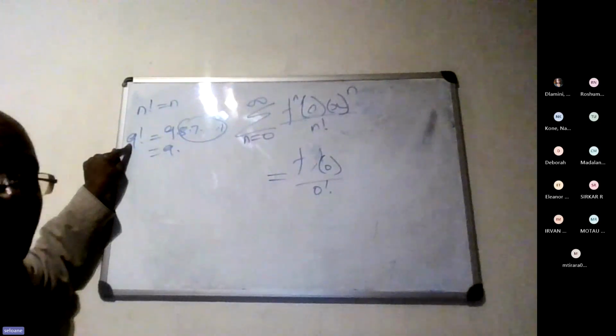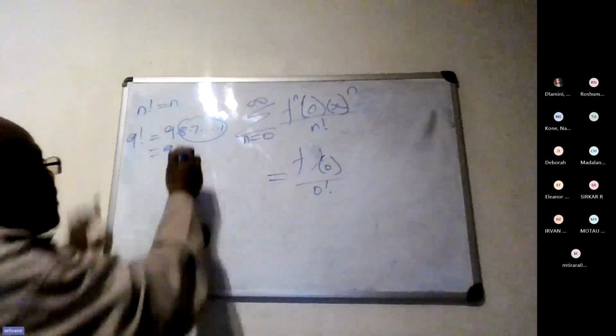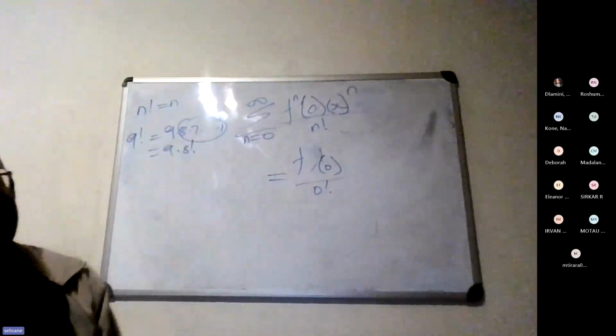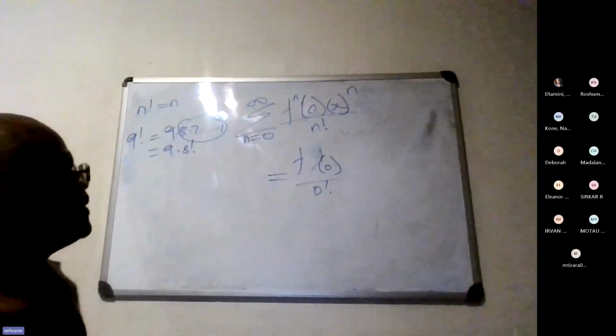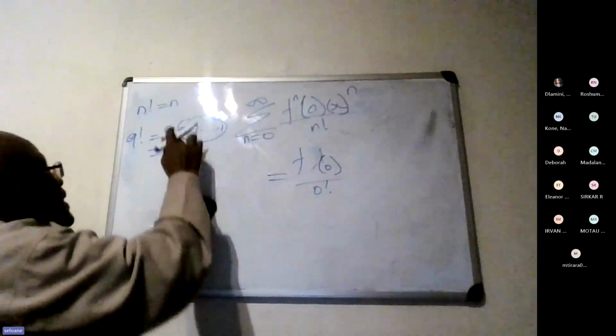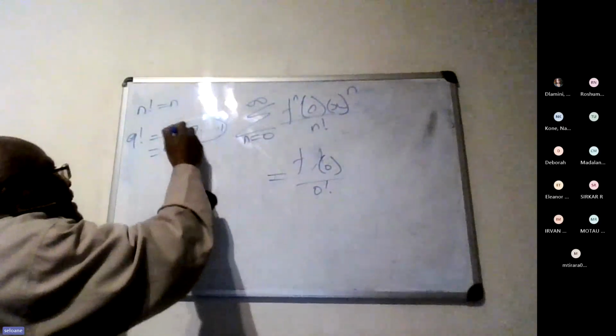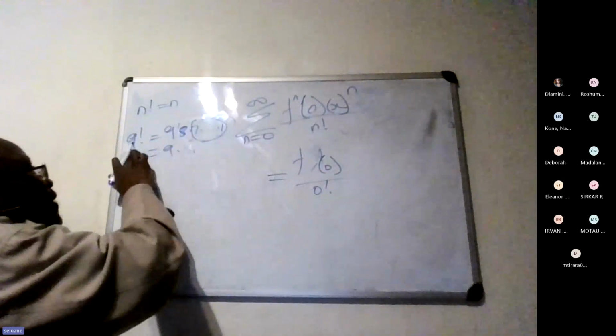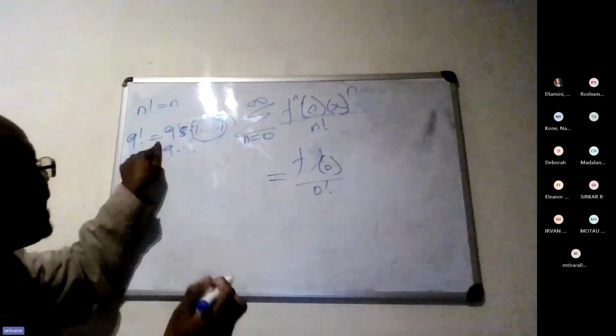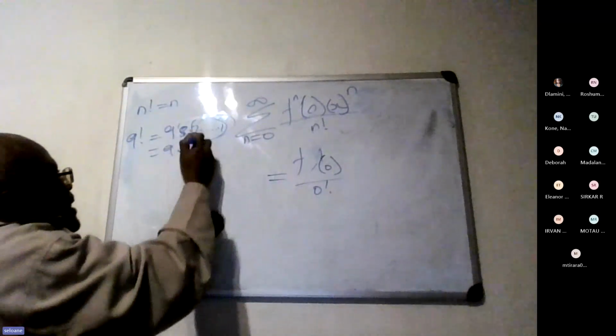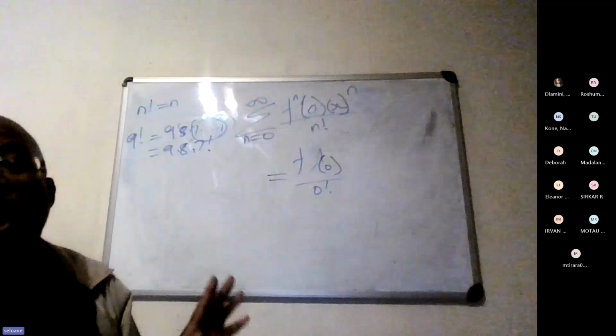Therefore, 9 factorial is the same as 9 multiplied by 8 factorial. Or again, 9 factorial is 9 multiplied by 8 multiplied by 7 factorial, and so on.